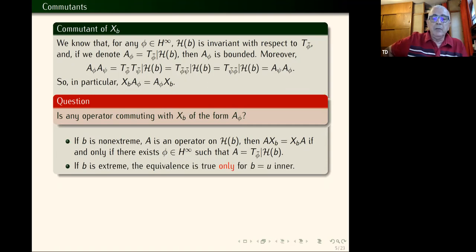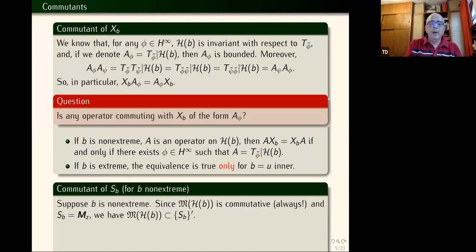Namely, this equivalence is true precisely when B is inner. For inner functions, it's probably not too complicated to prove it, but there's an old result of Nagy and Foias that says that if B is extreme but non-inner, then you have other operators in the commutant.